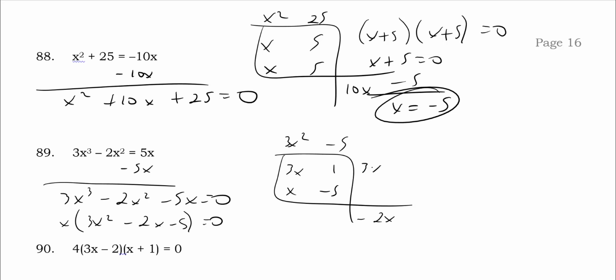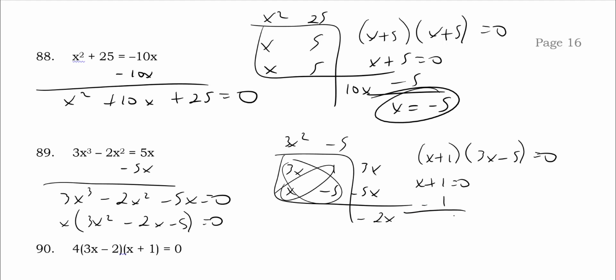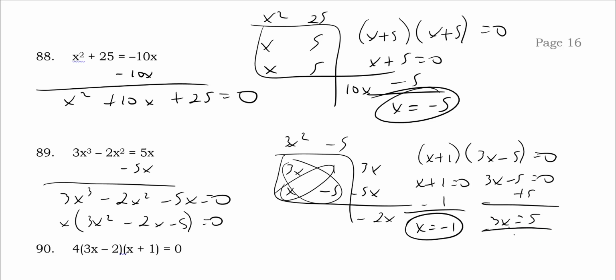So it's 3x minus 5x is negative 2x. Perfect. So it's x plus 1, 3x minus 5 equals 0. So x plus 1 equals 0. Subtract 1, x equals negative 1. And 3x minus 5 equals 0. Add 5, 3x equals 5. Divide by 3, x is 5/3.